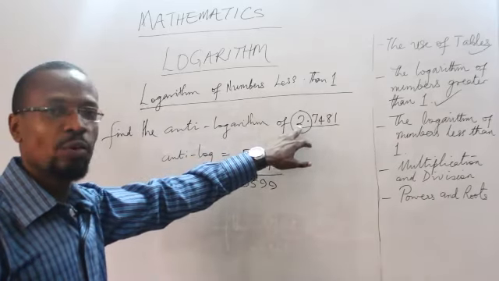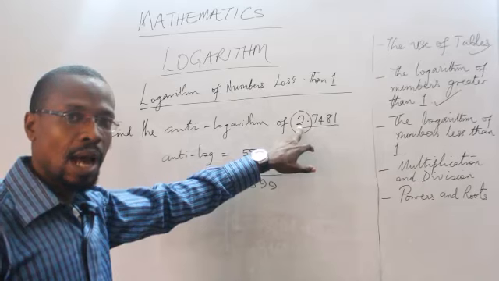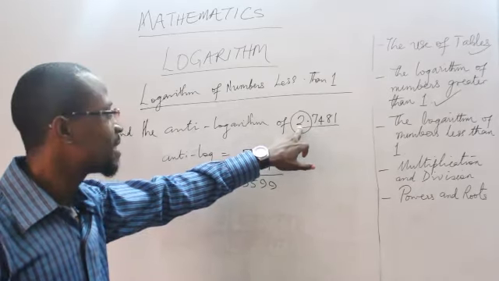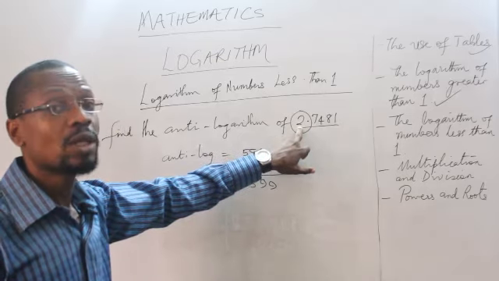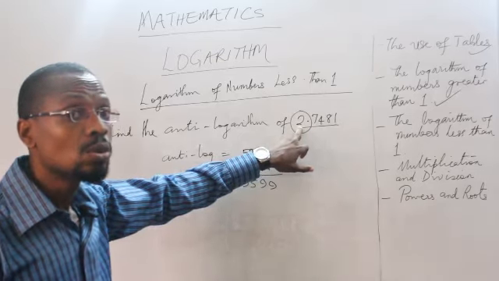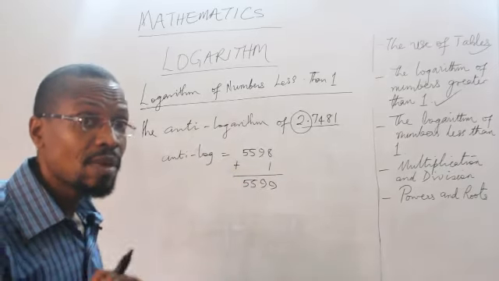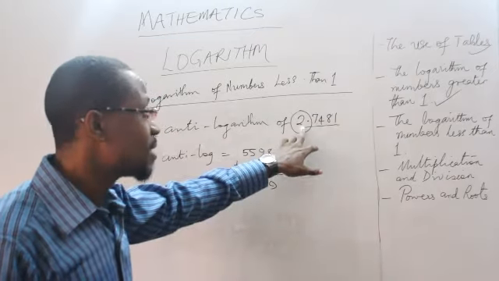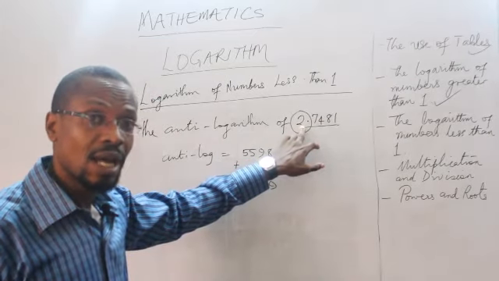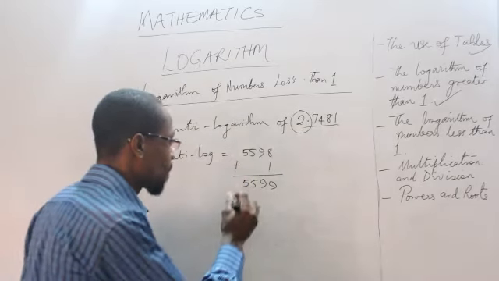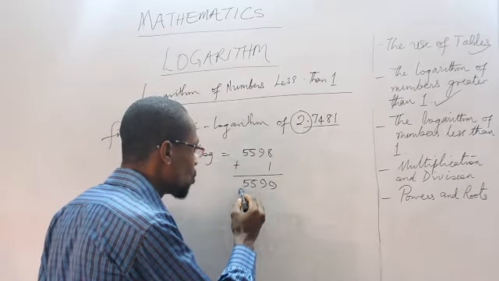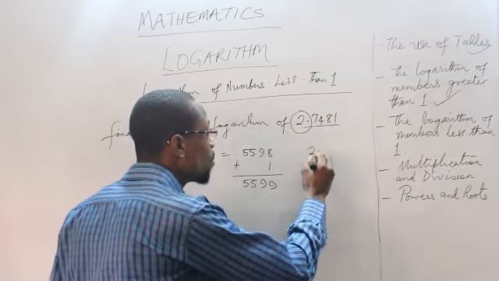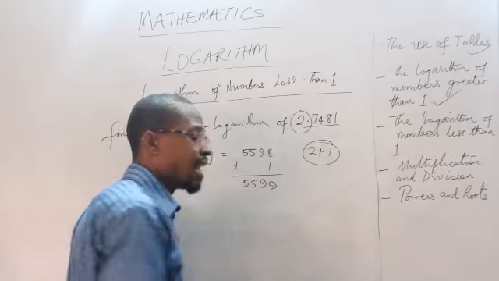Now, we will visit our characteristic from the logarithm itself. What is the characteristic here? The characteristic is 2. Now I said in anti-logarithm, the rule changes. So since our characteristic in the logarithm was 2, here we will use not 2 this time, but 2 plus 1 as our characteristic.